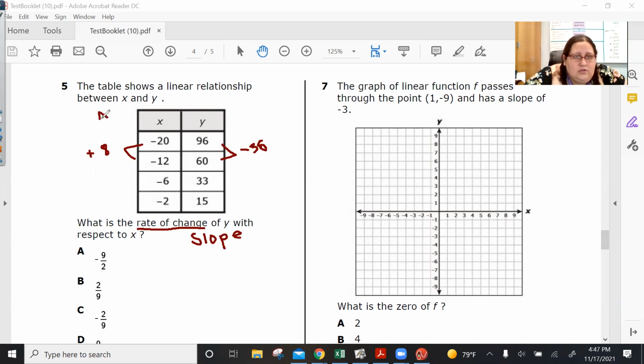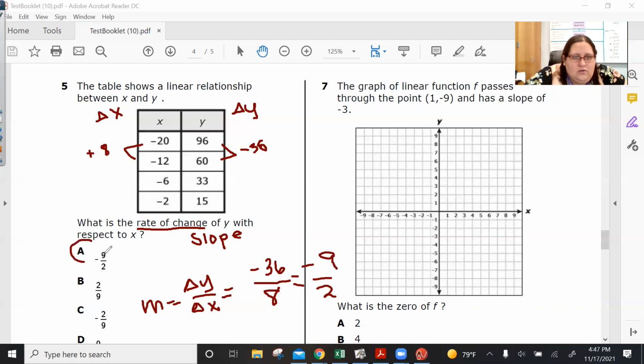So this is my change in X. This is my change in Y. And my slope, M, is change in Y over change in X. So we have negative 36 over 8. I can divide both of these by at least 4. And then I'm going to get 2, negative 9. So it's A.